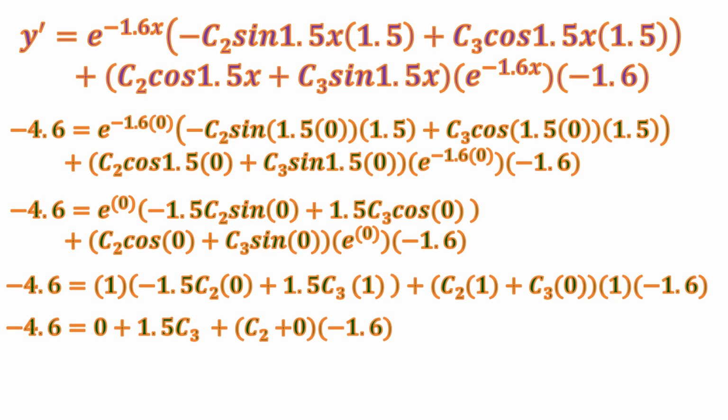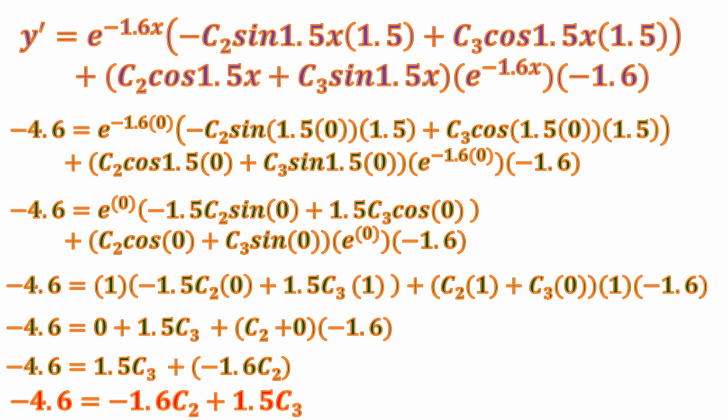And you can remove now all the times 1. Then we'll remove the zeros and we will multiply negative 1.6 by c sub 2. And so, this is our second equation, so we'll just arrange it in order of the constants: negative 1.6 c sub 2 plus 1.5 c sub 3.